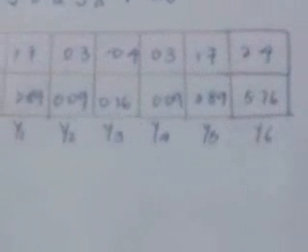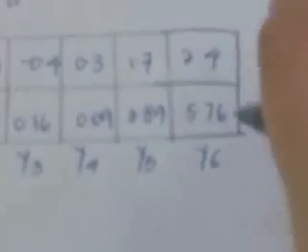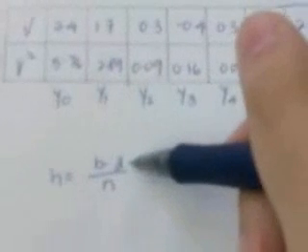So this is the value for Y0, Y1, 2, 3, 4, 5, and Y6. Now because there are 6 strips, H equals B minus A over N, where B is the upper limit, A is the lower limit, and N is the number of strips, where from here we derive that N equals 6.